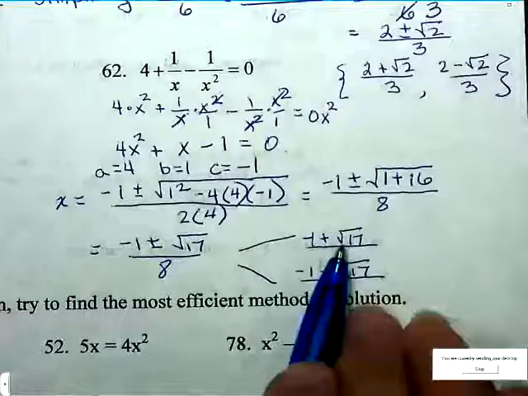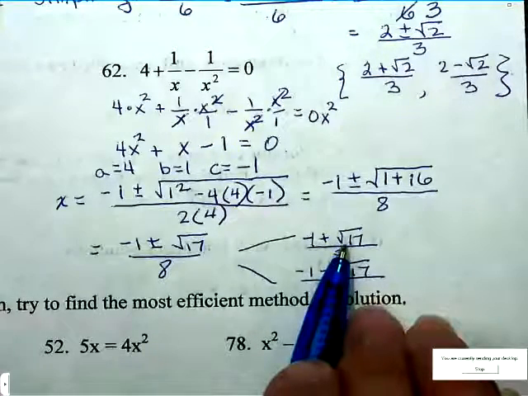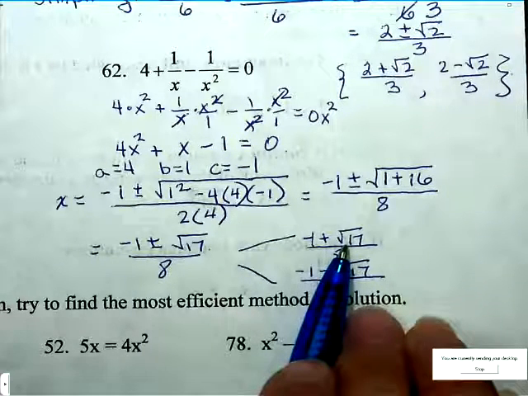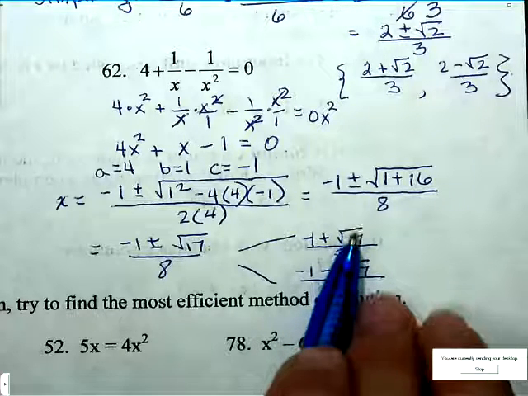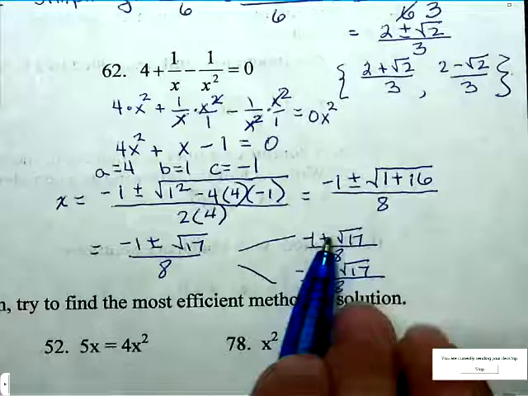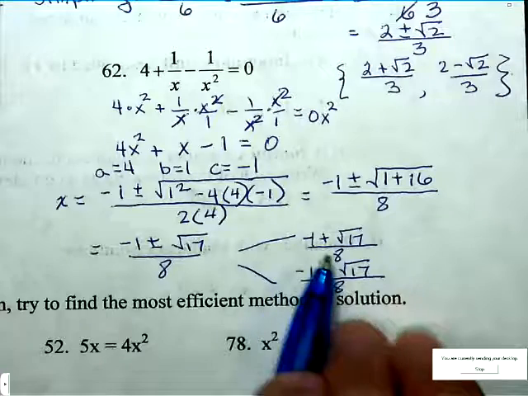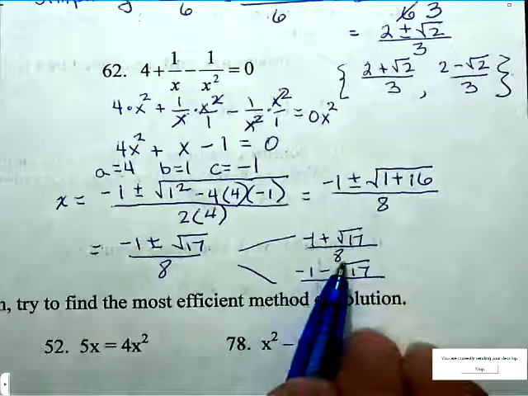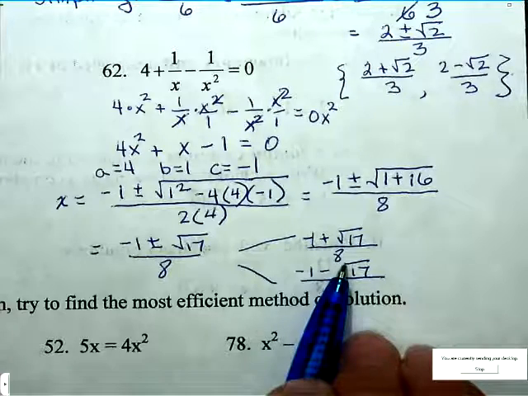But square root of 17 is darn close to what? Darn close to square root of 16, and square root of 16 is just 4. So without a calculator, I'm just going to say, that's about 4. And 4 plus -1 is about 3. And 3/8, you might need a calculator there, but I've got the 5/8 in my head, 4/8, 3/8, 0.375.